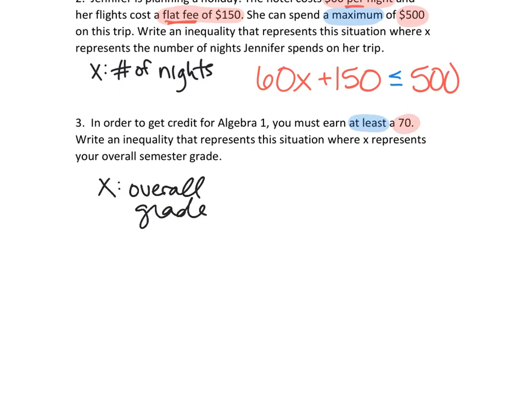That's like your flat fee, right? That means my overall grade must be at least a 70. What goes in between my overall grade and 70? It has to be greater than or equal to. Your grade must be greater than or equal to a 70 for you to get credit for Algebra 1.